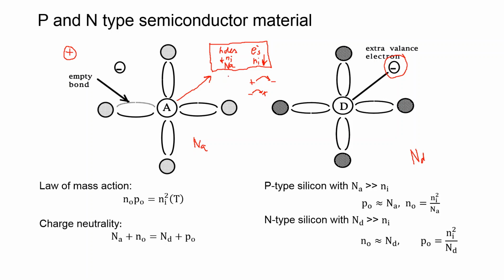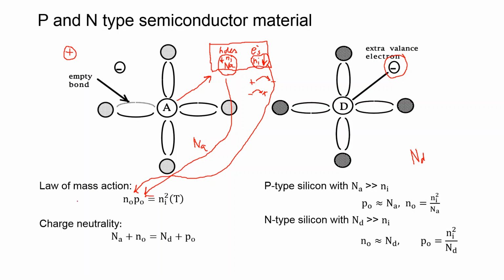Now let us say we call this combination Ni plus Na minus the recombinations. The total number of holes are, let us say, P naught. So these are the total number of holes in a material. Similarly, these were Ni earlier, but then they recombine, and then the total number of electrons are N naught.